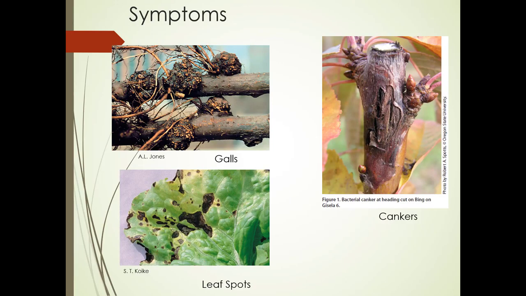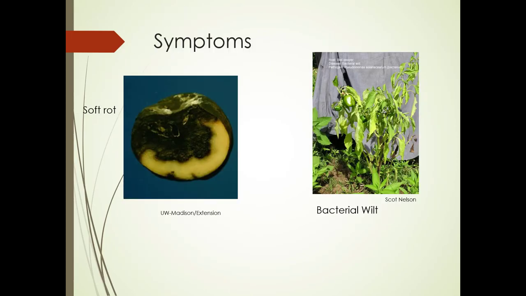Okay, so we've got crown gall here on the upper left. That is on apple rootstock. Then we've got a bacterial leaf spot on lettuce. And then bacterial canker on the right here on Bing cherries. So symptoms include soft rot, and that's actually the name of the disease.